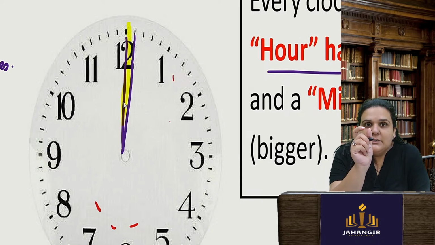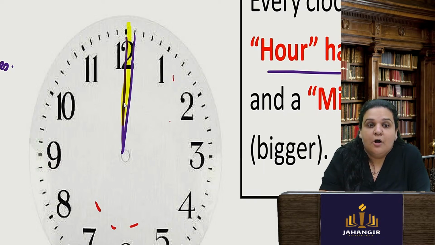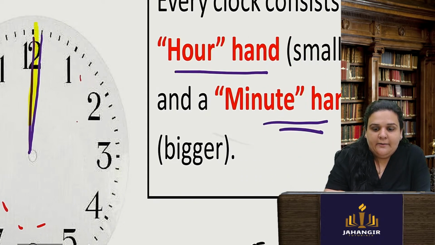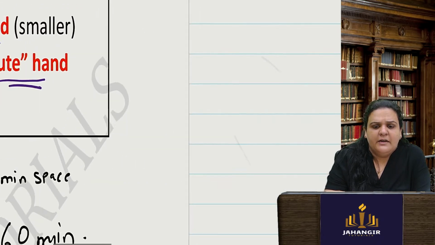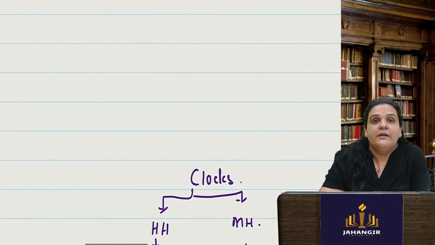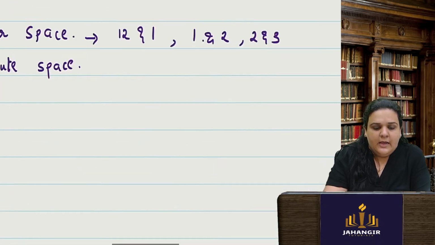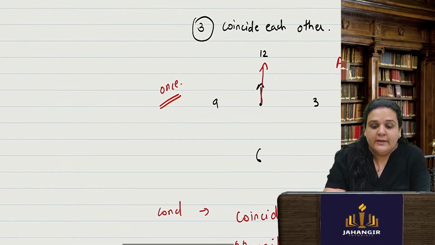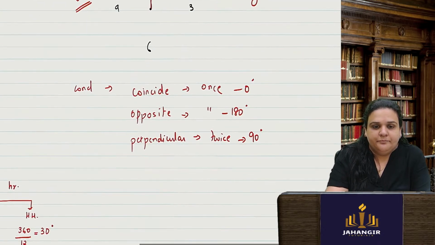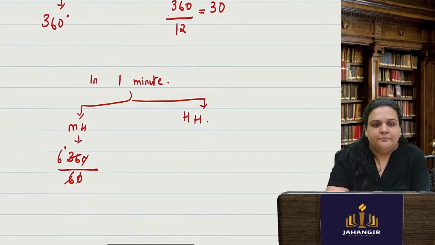How much is the angle between 1 minute? 6 degrees of the minute hand. But what about the hour hand? The hour hand will move negligibly in this case.